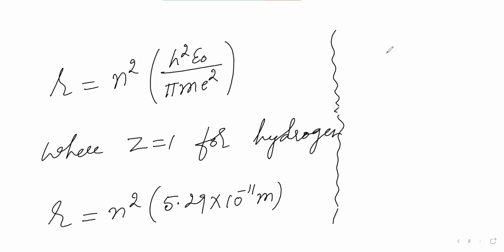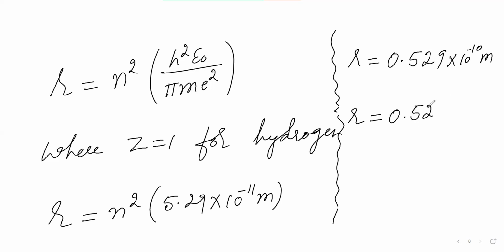All right. So now furthermore, R equals 0.529 into 10 to the power minus 10 meters. Instead of writing in the powers of 10, I'll write it as 0.529 Angstrom.